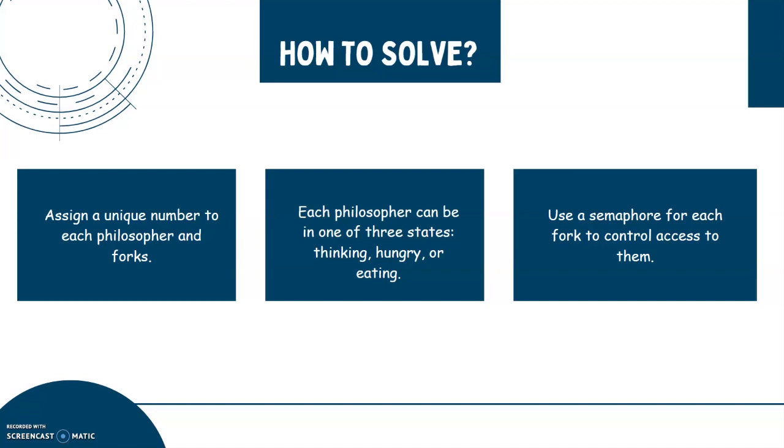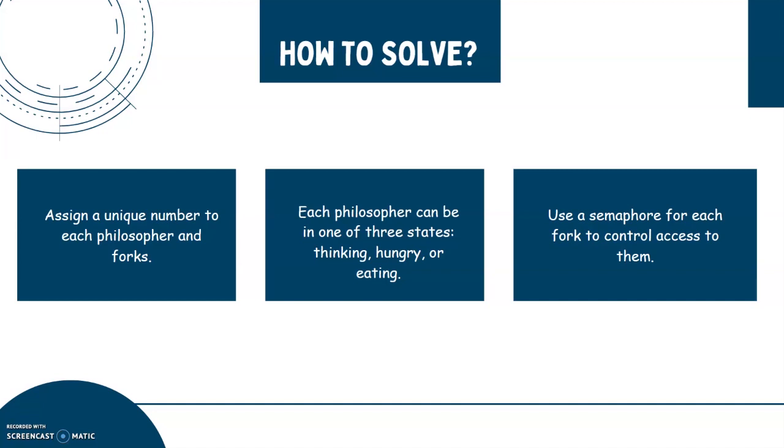They must stick with only the states that have been given, which means each philosopher can only be thinking, hungry, or eating. They cannot be in all of those states simultaneously. For the last solution, we can use a semaphore for each fork to control access to them.